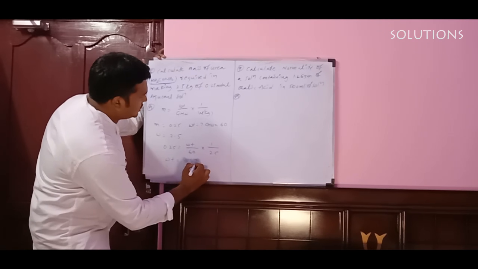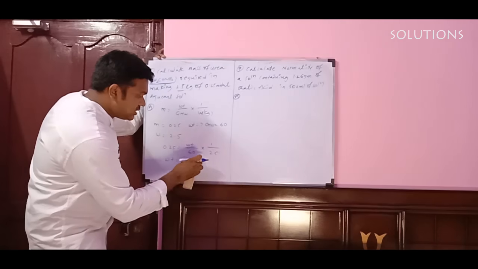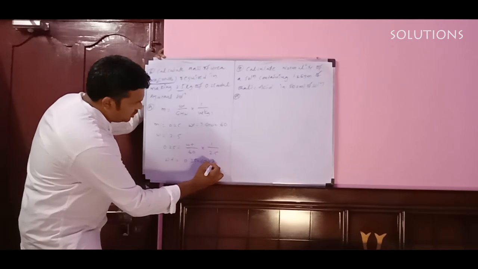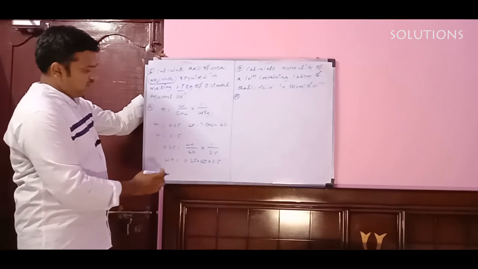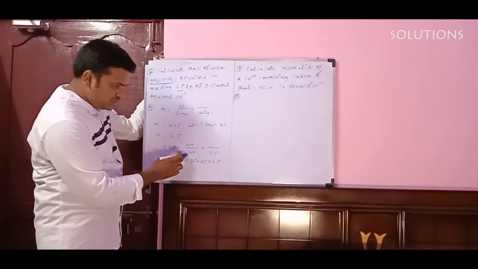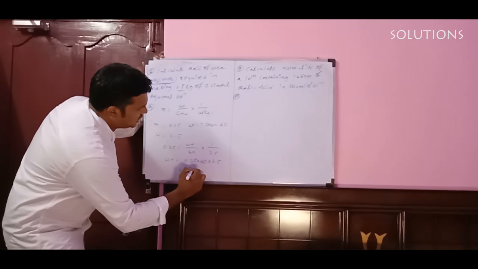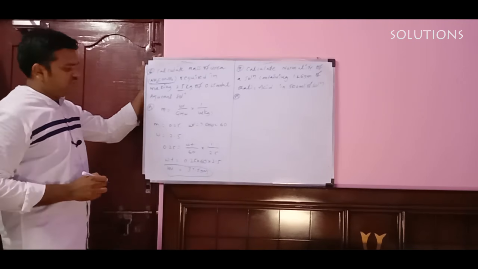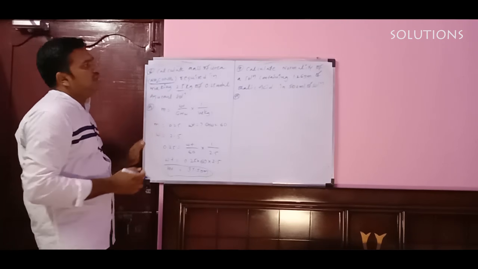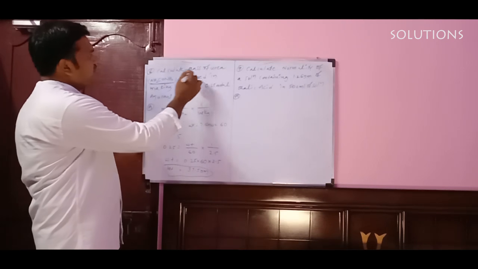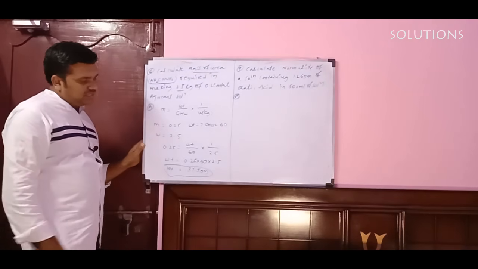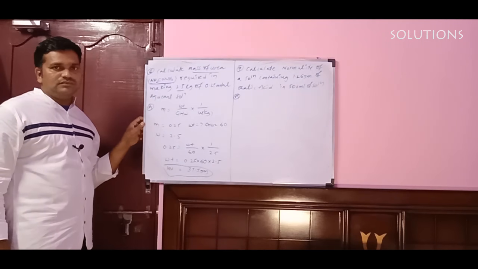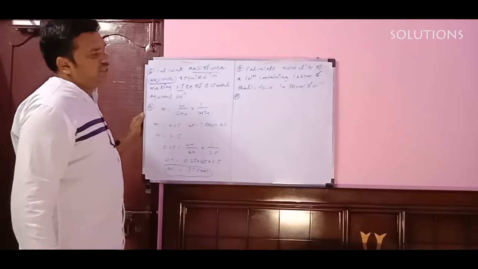Weight is equal to 0.25 into 60 into 2.5. Multiplying this, you will get 37.5 grams. So 37.5 grams is the mass of urea. This is question number 6. Clear? Next you can see question number 7.